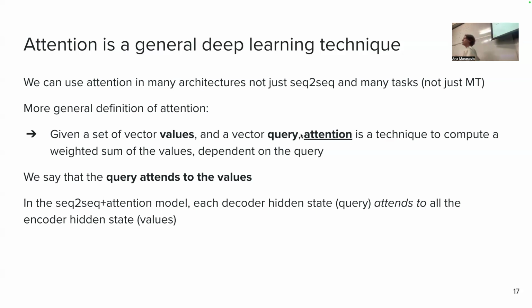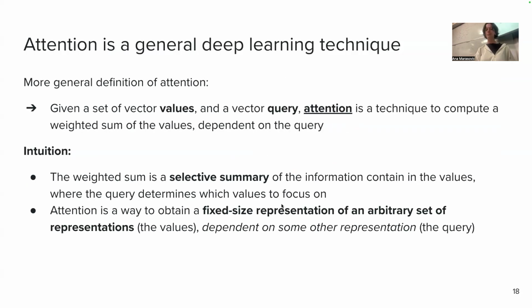So in our sequence-to-sequence encoder-decoder architecture, each decoder hidden state is a query, and it attends to all the encoder hidden states, which are the values. The way people express this in machine learning is that the weighted sum, this one, c_j, as I called it, is a selective summary of the information contained in these values.